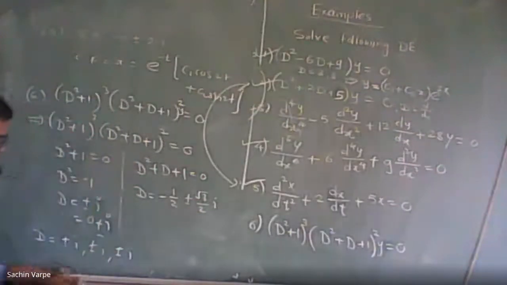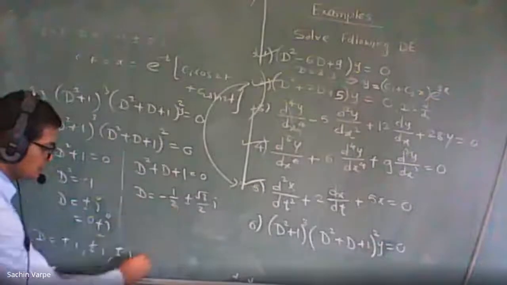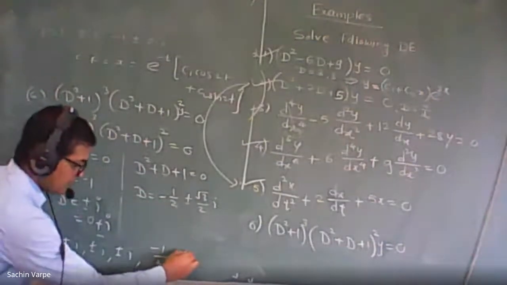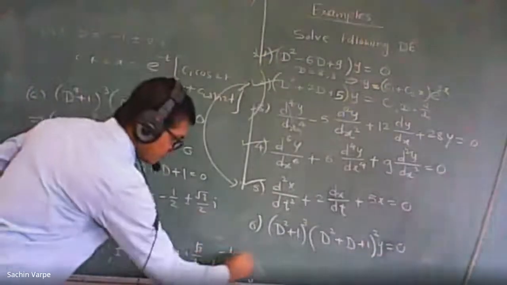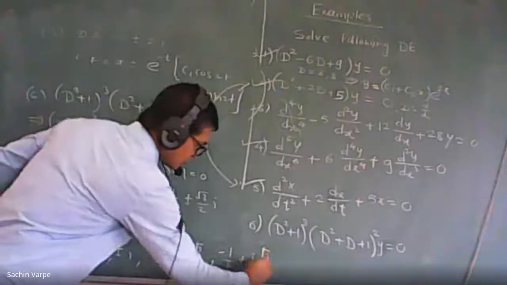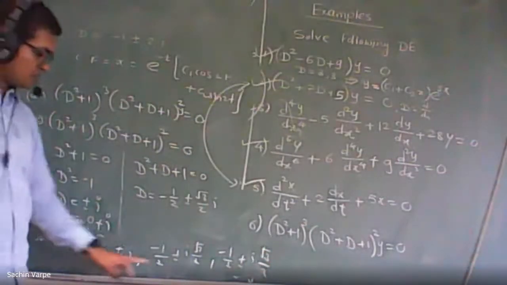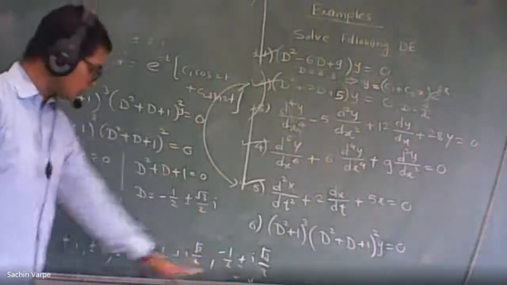And the roots of the other factor, repeated twice, are minus half plus minus i root 3 by 2, and minus half plus minus i root 3 by 2. Let us count: 1, 2, 3, 4, 5, 6, 7, 8, 9, 10. Ten roots, and all roots are complex.